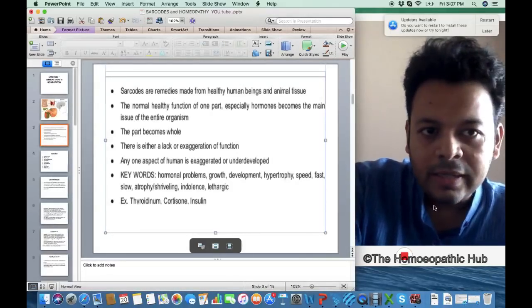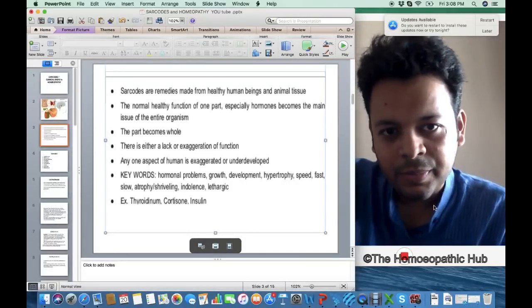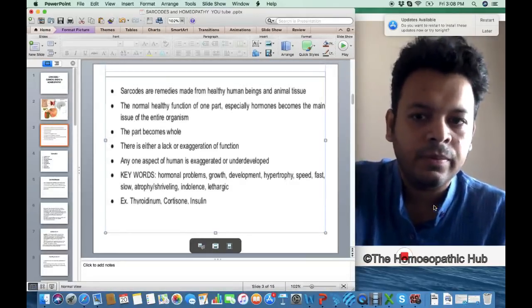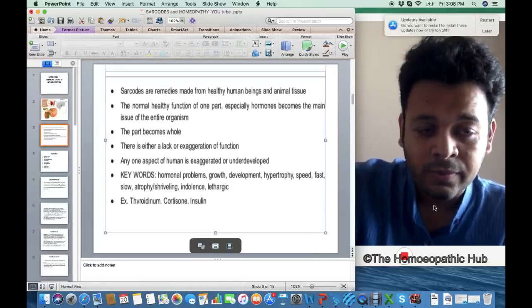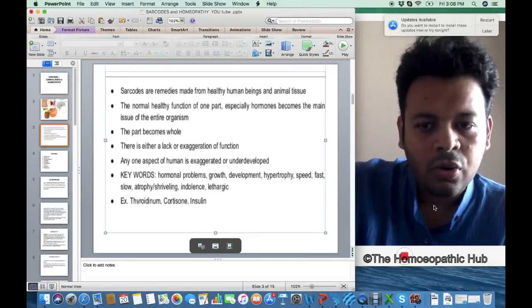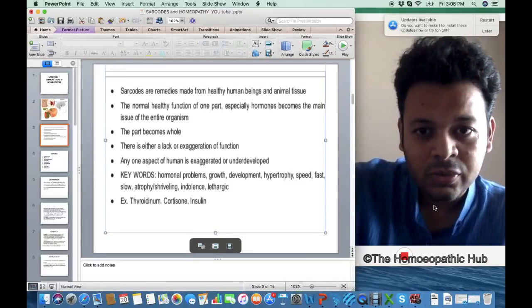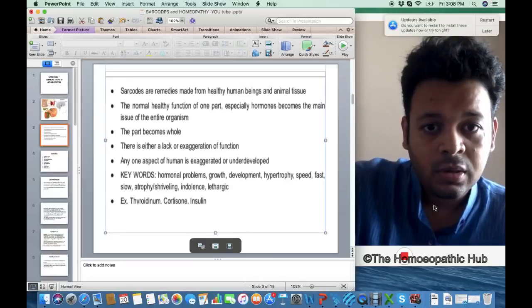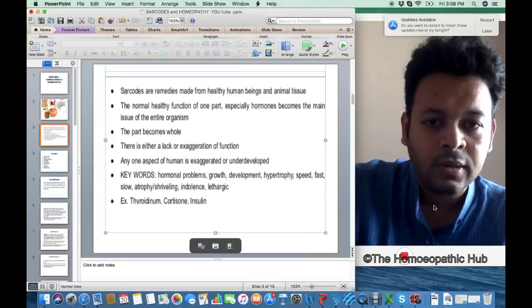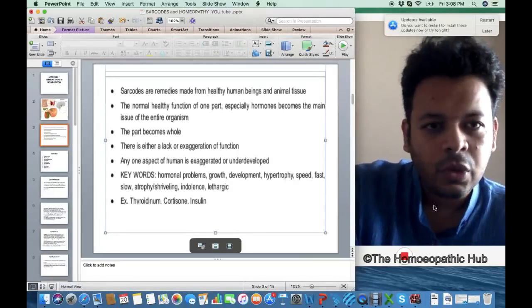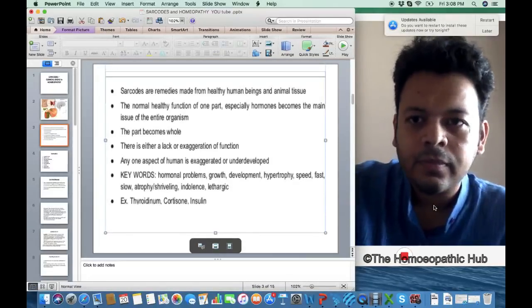Whenever there is a hyper functioning or hypo functioning, or something in the body is either overdeveloped or underdeveloped, especially in a metabolic disorder or developmental disorder, I use a lot of Sarcodes. The keyword often could be hormonal issues and growth related issues. So in a lot of pediatric cases I'm using Sarcodes. Either there's a strong hypertrophy, a lot of speed issues, so even restless autism kids, or panicky disorders, a lot of atrophy, tumors, fibromyalgia, lethargy, so many things.